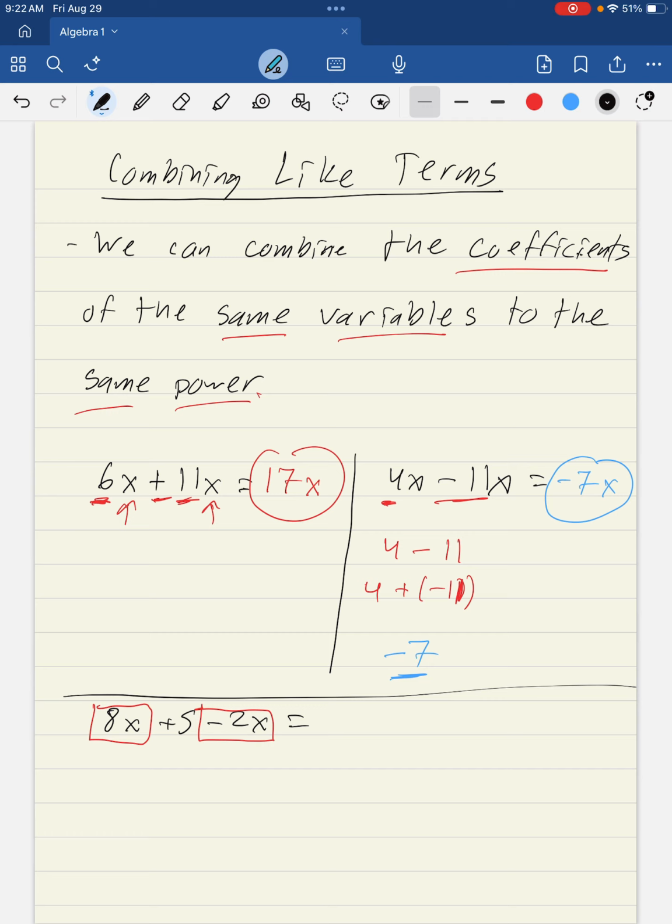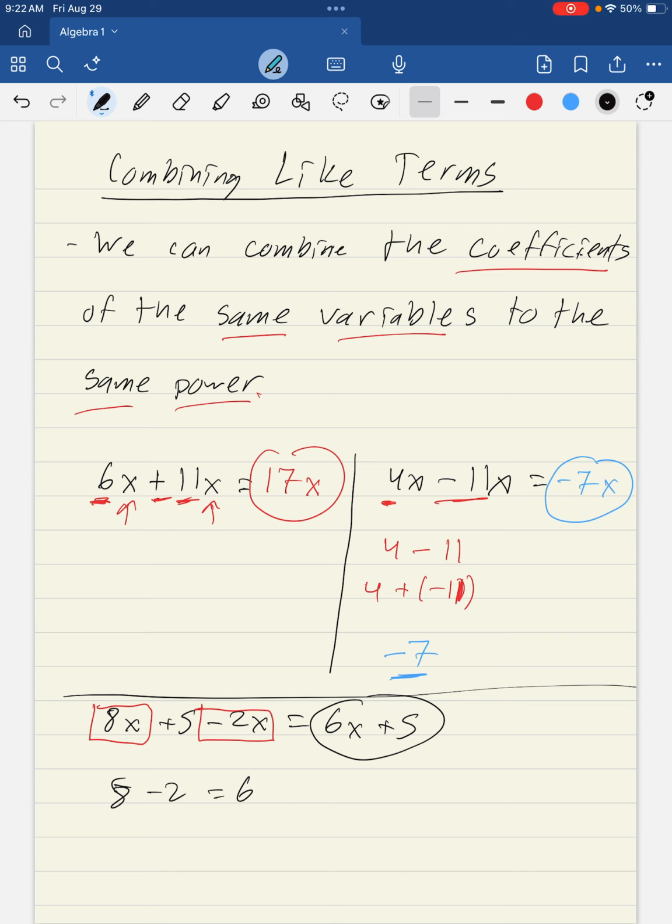But I can combine the 8x and the negative 2x. So looking at those guys, I have 8 minus 2, and that's just going to be 6. So this guy's going to be 6x, and then I have to have my plus 5. Boom. Remember, when I combine my like terms, I have to keep the variable. I don't want to forget about that. And that is all we got.